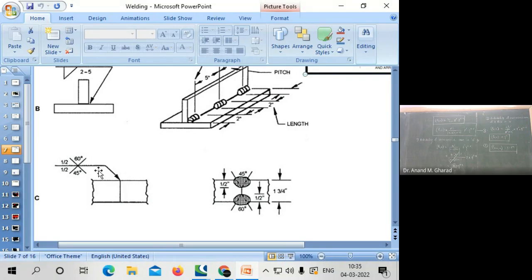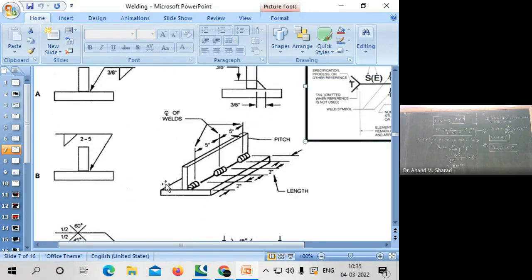Okay, so in that case this 60-degree will be above this arrow and that has to be followed. The meaning of this is you are supposed to follow all the details which are given or represented by the arrow. This is nothing but the symbolic representation.